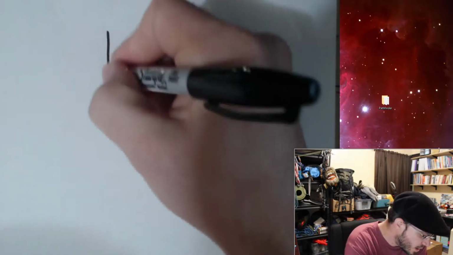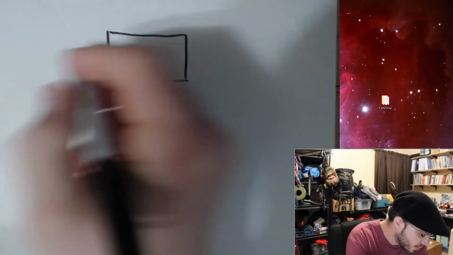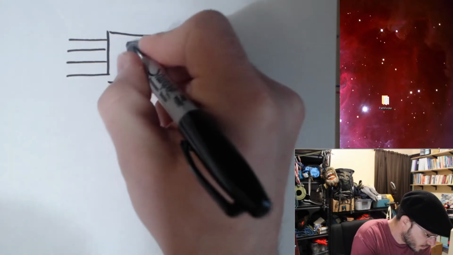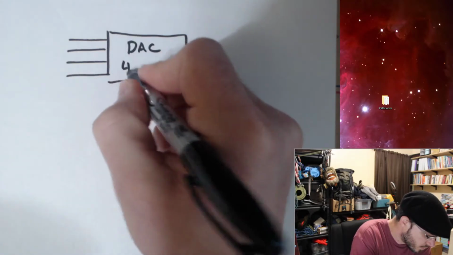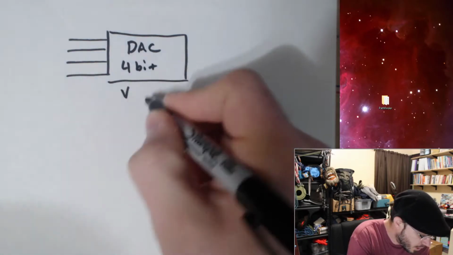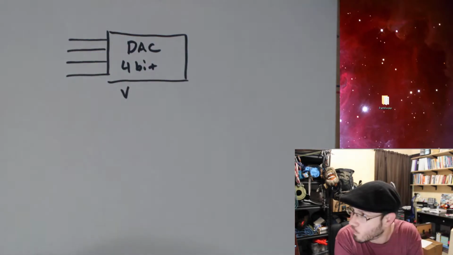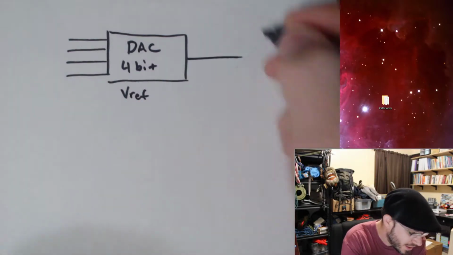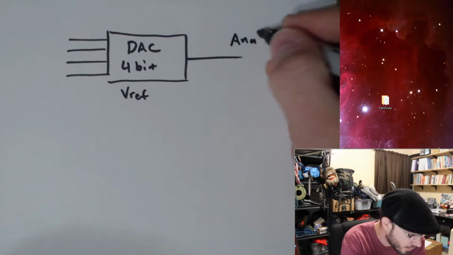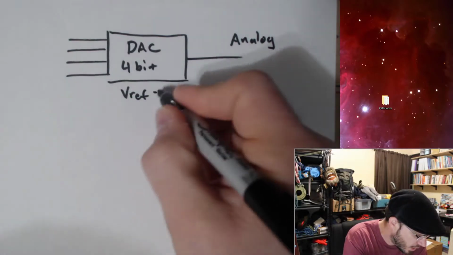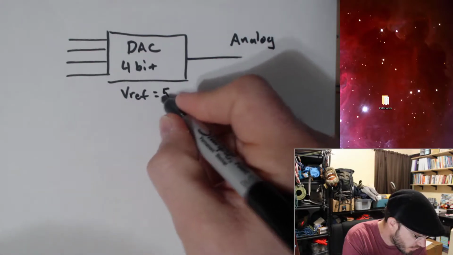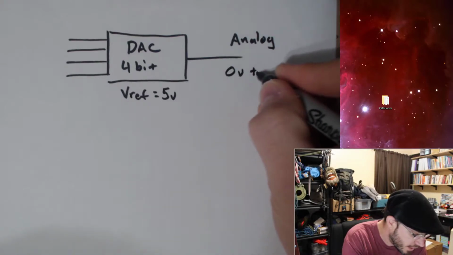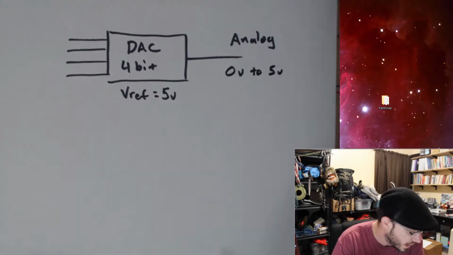And remember, the idea here is we are taking some number of digital inputs, either 0 or 5 volts for each one of these wires, and turning it into an analog value on the range of 0 to our Vref. So in our case, that's going to be 0 volts to 5 volts, all values in between.